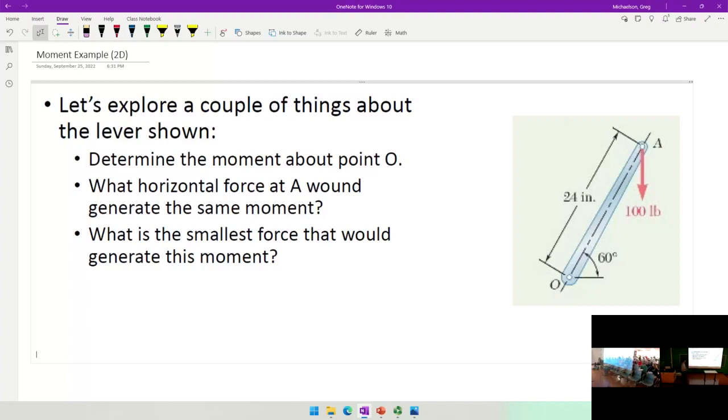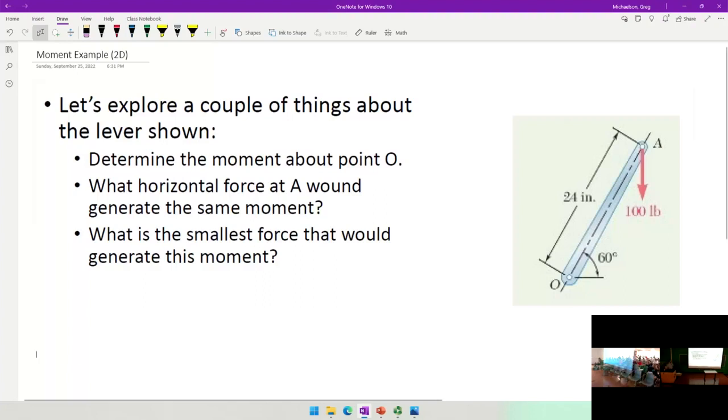Spoiler alert, we are ultimately going to find that for this problem, the moment is negative, okay? And I want you to understand what a negative moment means. I'm more interested that you understand what it means in 2 dimensions than you do in 3, because if you understand 2, the rest is just sort of an extension of that. I'll give you all another sec to copy this down, and we'll get to it. All right, everybody good?